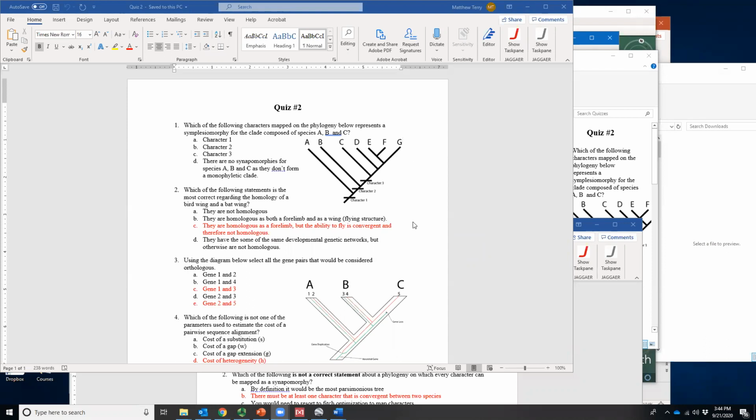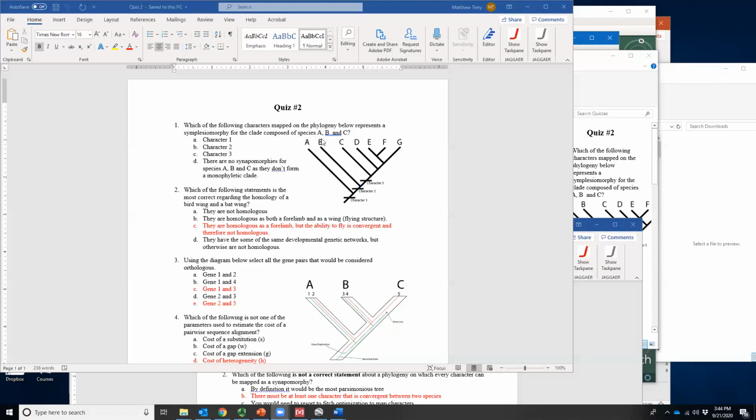So the way that these three characters are mapped, every single one of them is mapped as a... oh, maybe this one was missed. We're asking which of the following characters would be a synapomorphy, represents a symplesiomorphy for a clade composed of A, B, and C. Character 1 is a synapomorphy for all of the species.